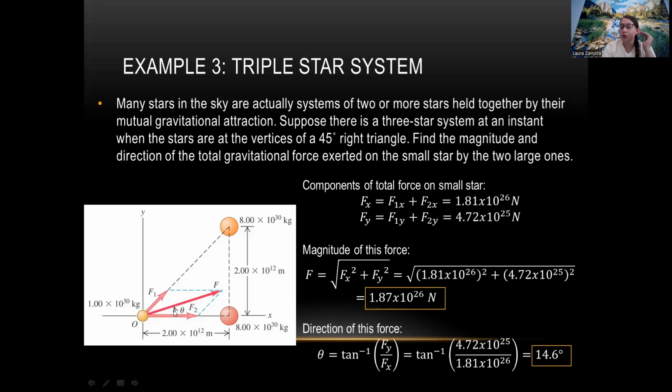And that should make sense if we evaluate our answers here. It should make sense that this is a fairly small angle because we said that since this small star is closer to that red star, the red star's force of gravity is going to be stronger than that big orange star's force of gravity. So that angle of the force will be closer to the red star than to the orange star.